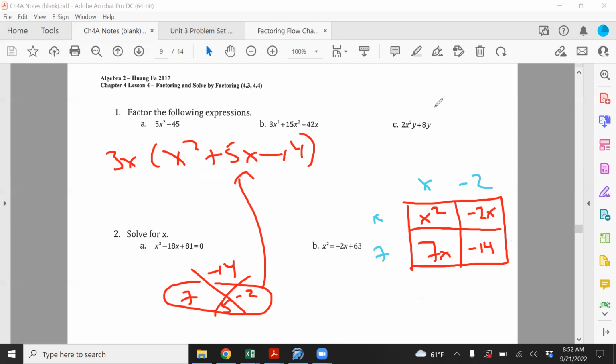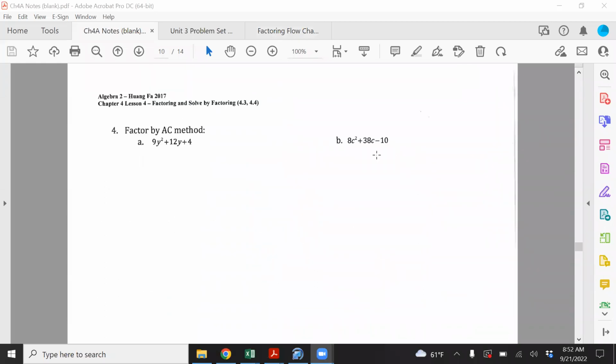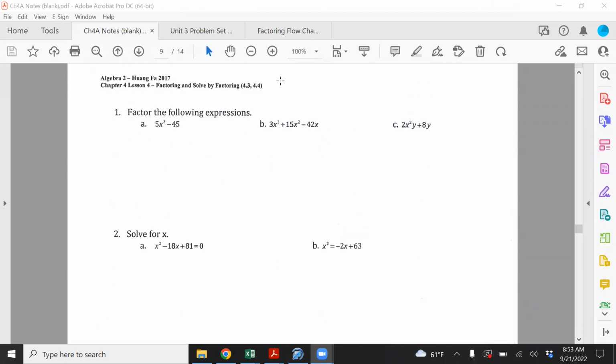But what you could do is put the first term in the upper left box, the last term in the lower right box, and then when you do the diamond, you put them in the other two boxes, but you put x's next to them, and then you factor along each row and each column. That's another technique you could do, especially when you get to problems like this one here, 4b, which we're going to talk about in a few minutes. So I'll come back to that in just a little bit.